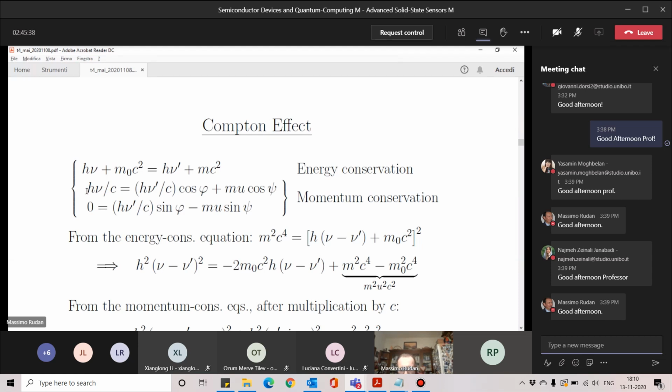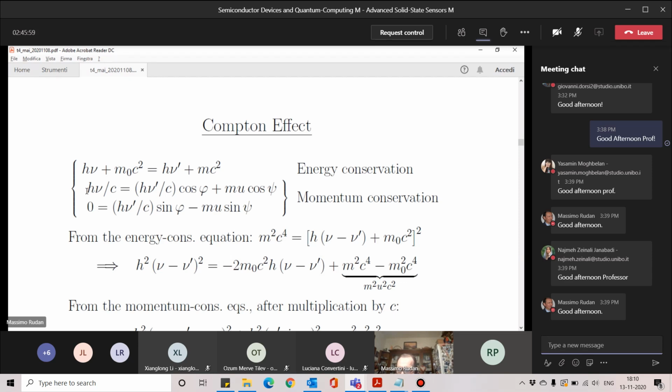Then we must consider that during the interaction, there will be a change of energy between the electron and the photon. You remember in the photoelectric effect, there is a total absorption of the energy of the photon by the electron.